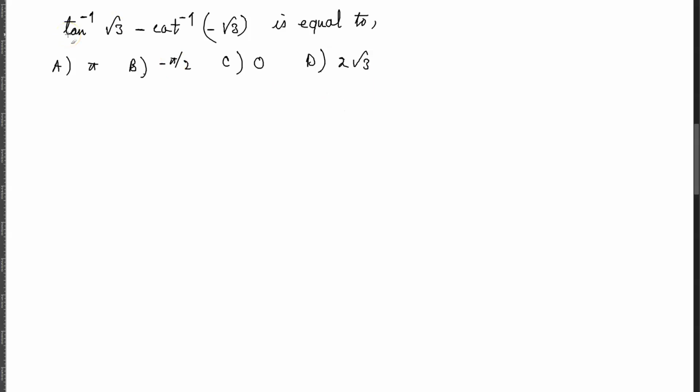Okay, so before we do this exercise, let's do this one as well and finish the video here, because there is not much really to do here. So we have the tan inverse of square root of 3 minus cot inverse of negative square root of 3.